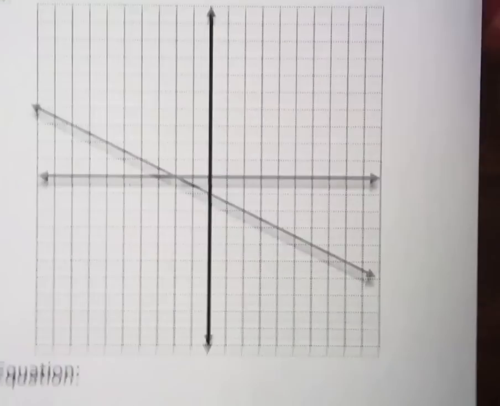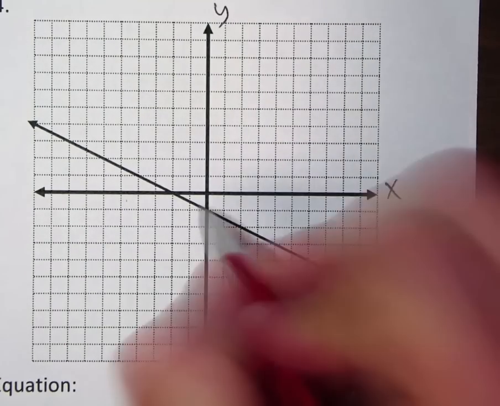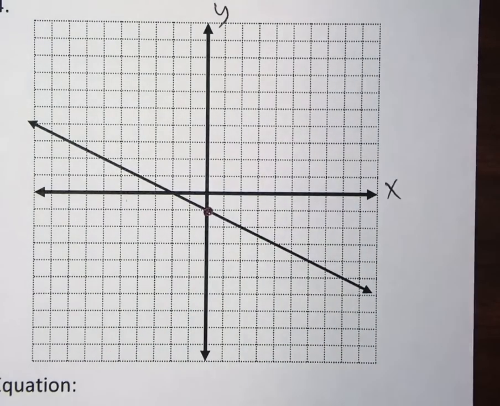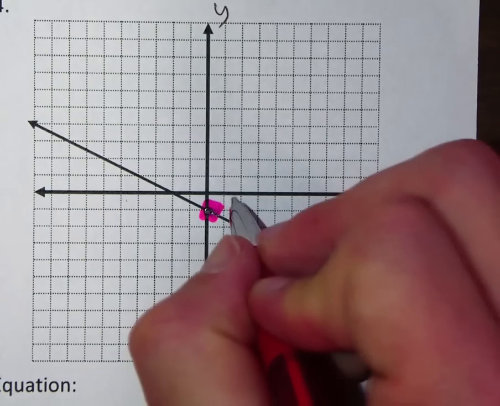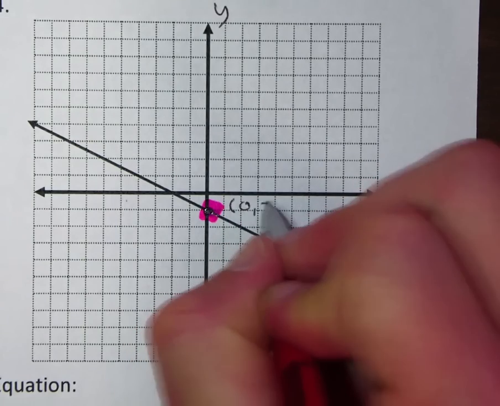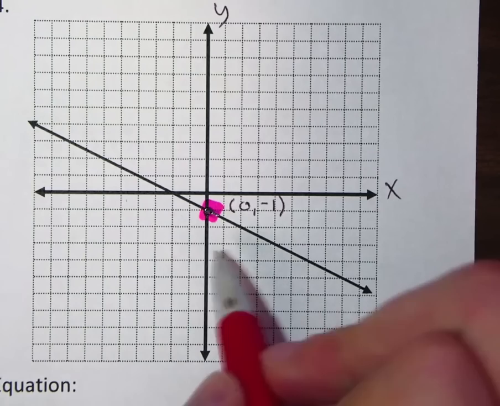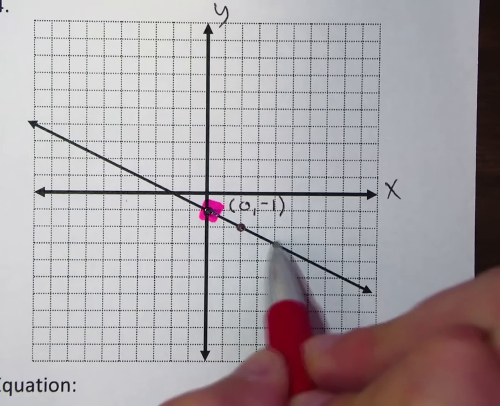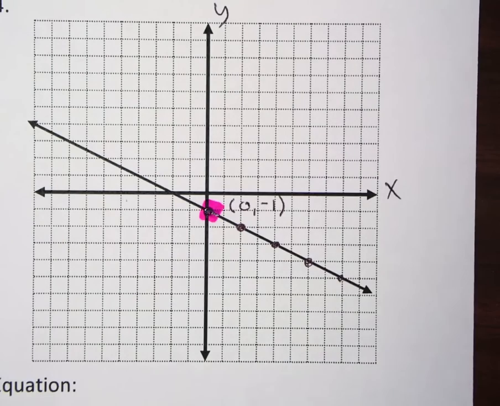Okay, here I go. Here's my y and my x axes. My y-intercept looks to be here at 0, -1. And my slope, if I can find some points that look like a set of integer coordinates, all integers.